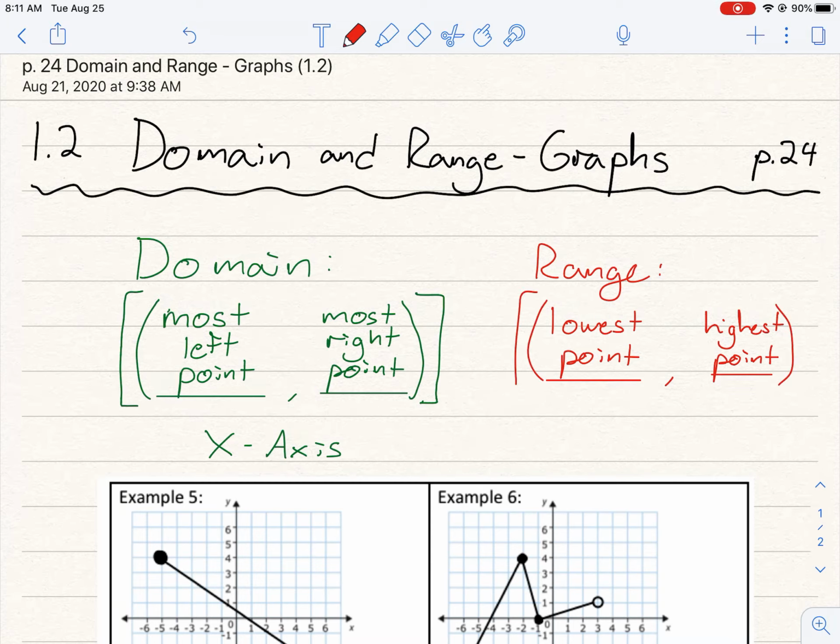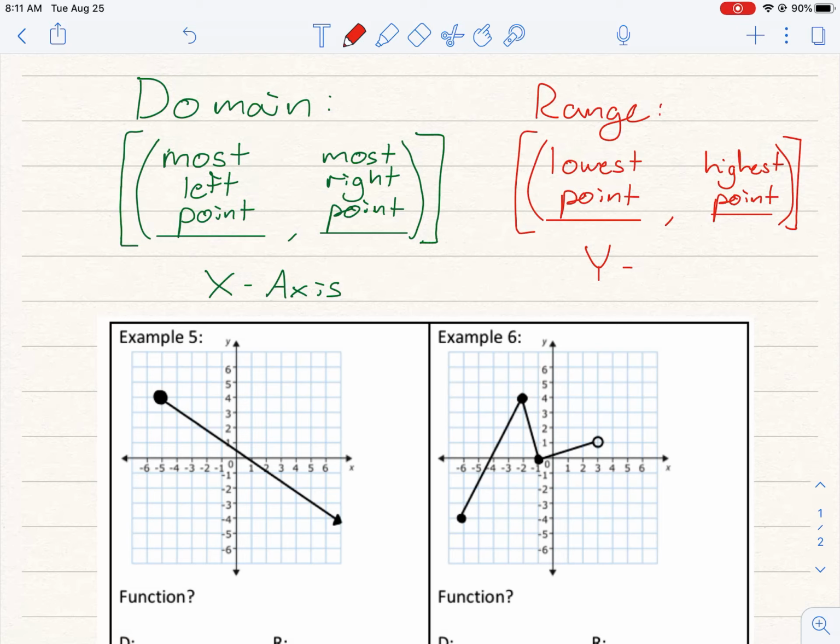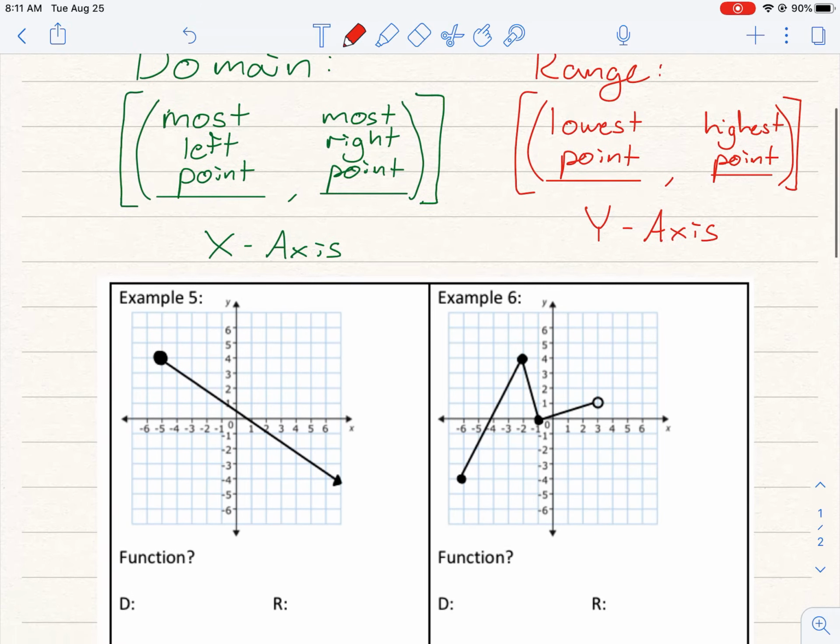And again, parentheses or brackets, because we are going to use interval notation when we are defining our domain and range. And our range is dealing with the y-axis. So use that template that I gave you in class for the graphs of examples 5, 6, 7, and 8.